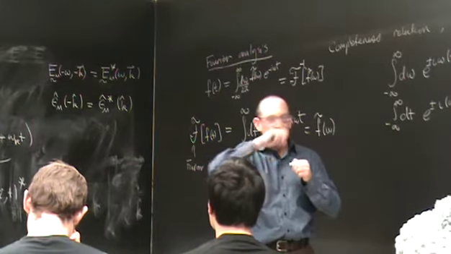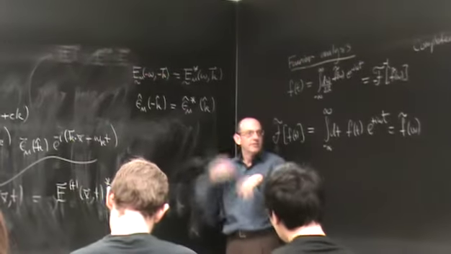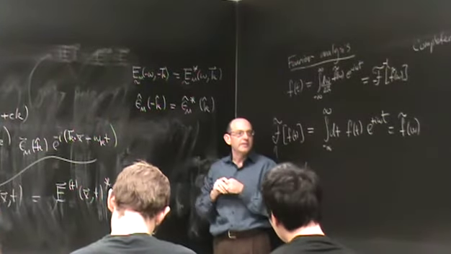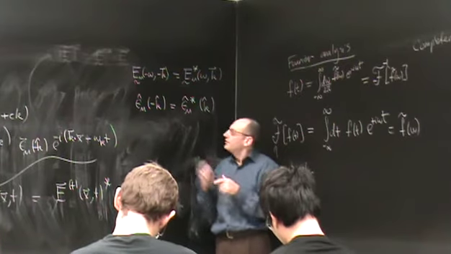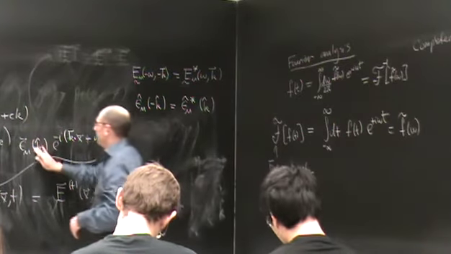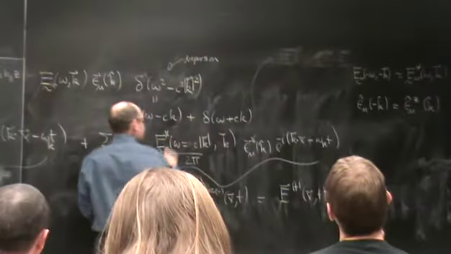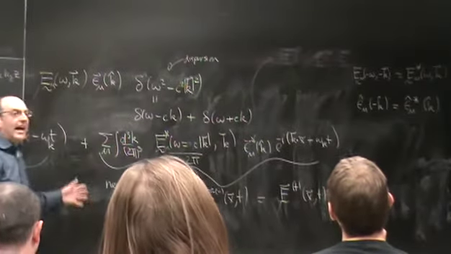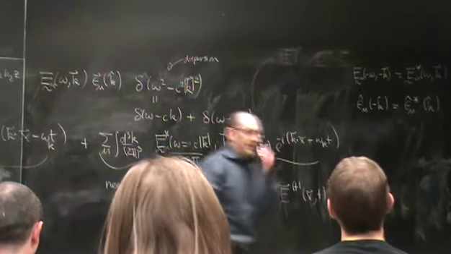But for circular, that's the conjugate. It's relative to the k vector that we're defining the helicity. So that's nice. Star. Star. Et voila, E minus is the conjugate of E plus.